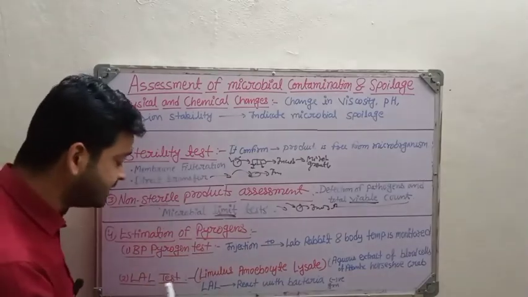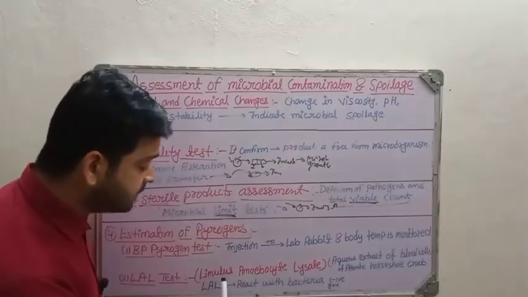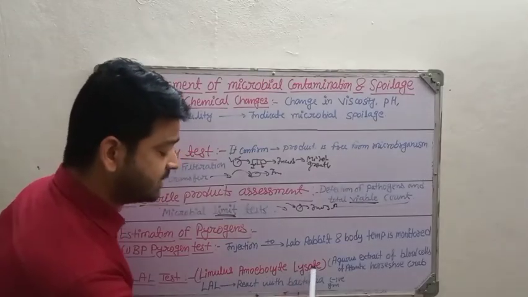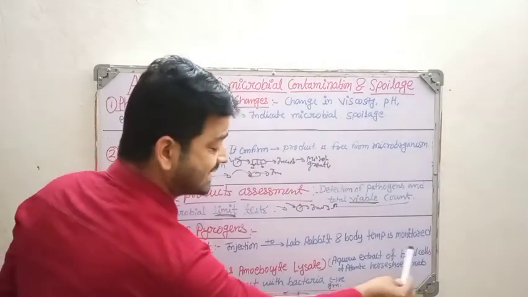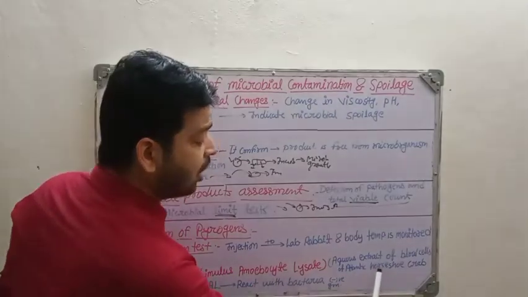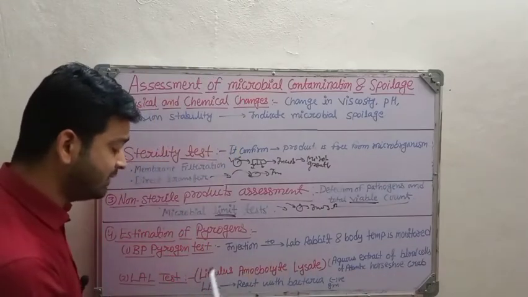The next one is the LAL test. That's very, very important. The full form of LAL may also be asked: Limulus amoebocyte lysate. It is an aqueous extract of blood cells of the Atlantic horseshoe crab. What is the role of LAL?